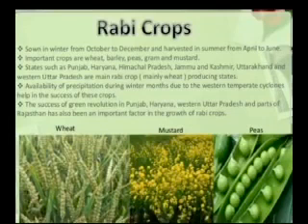Availability of precipitation during winter months due to the western temperate cyclones helps in the success of these crops. The success of green revolution in Punjab, Haryana, western Uttar Pradesh and parts of Rajasthan has also been an important factor in growing of Rabi crops.